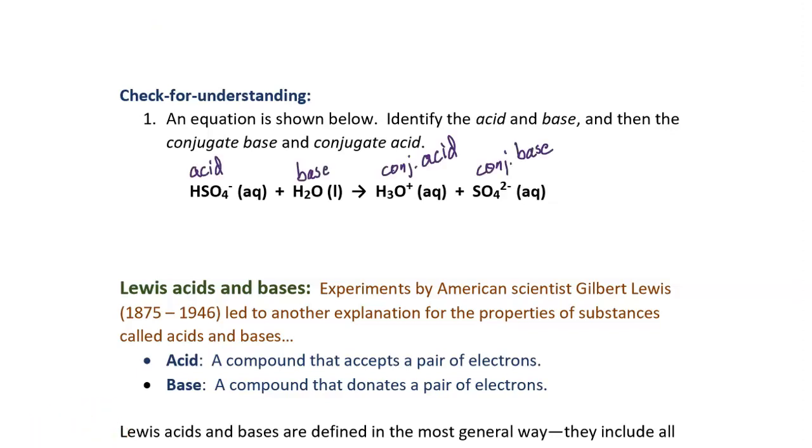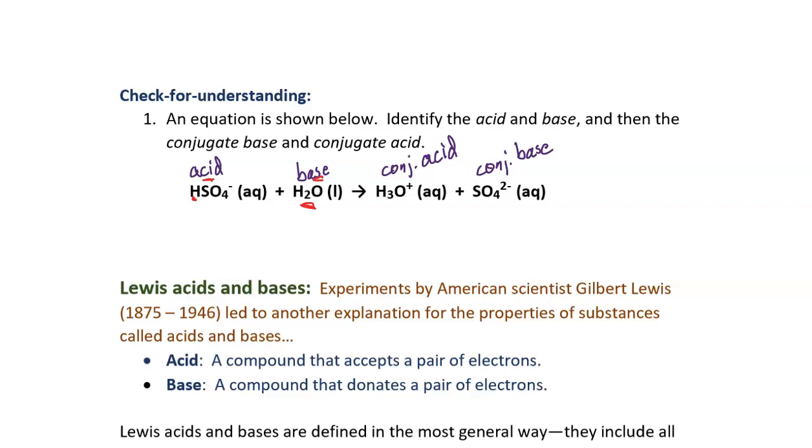Here's the solution. The HSO4 negative on the left side of the arrow is an acid. It's the substance that has a hydrogen ion that it can donate to the other reactant, which is the H2O. The H2O is the base. It's the substance that is going to accept a hydrogen from the HSO4 negative.